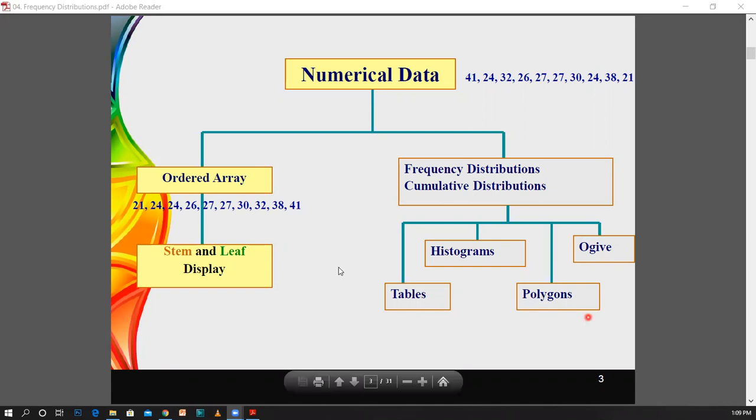So you can simply say an ordered array can be shown using a stem and leaf plot, and frequency distributions or cumulative distributions can be represented using tables, histograms, polygons, and the ogive curve.